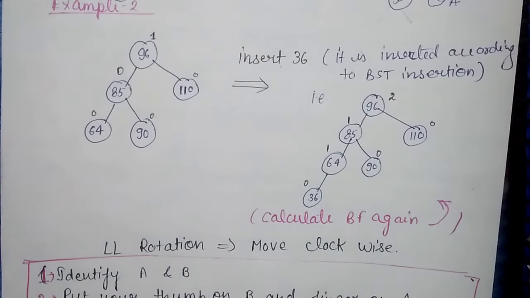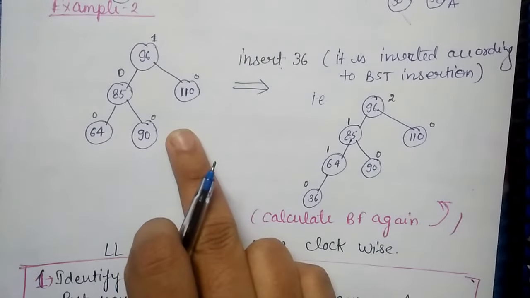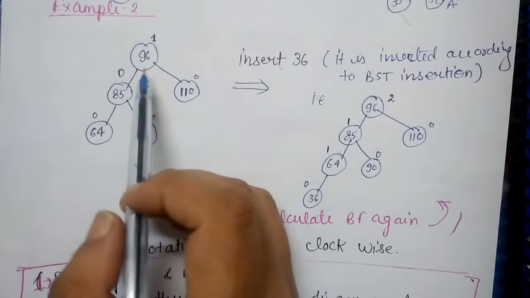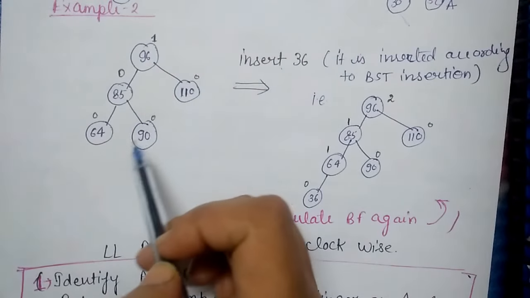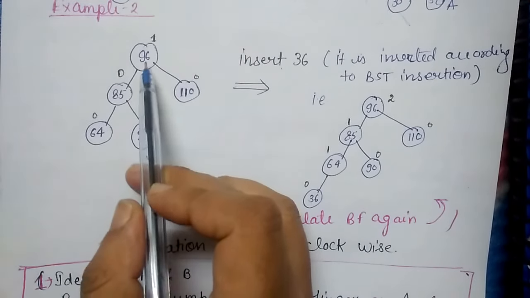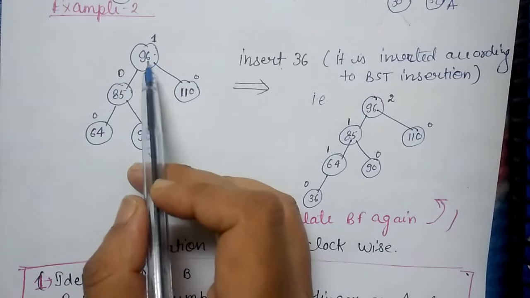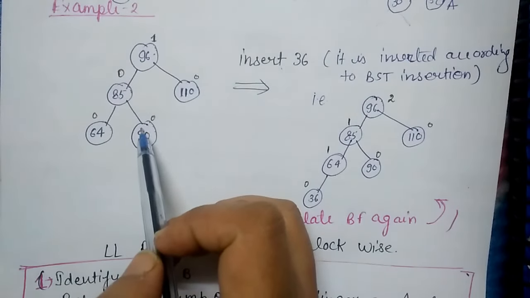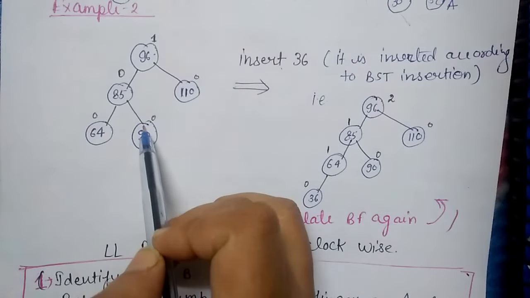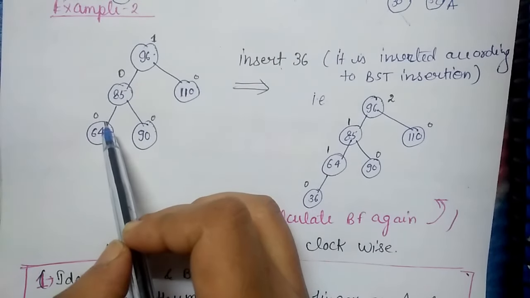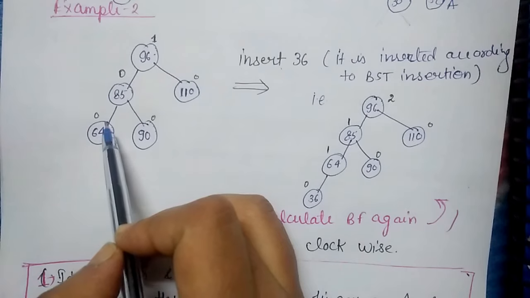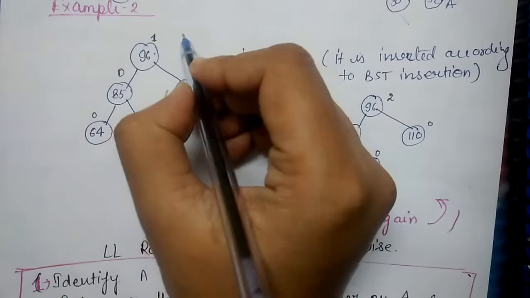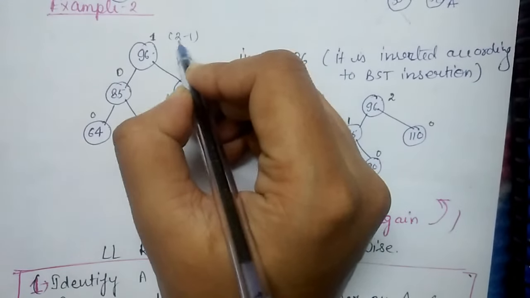In example number 2, suppose you have this tree. First, you will calculate the balance factor for each and every node. What is the balance factor for 96? You go up to the maximum height in the left subtree, that is 2, minus 1 for the right, that is 2 minus 1, which is 1.